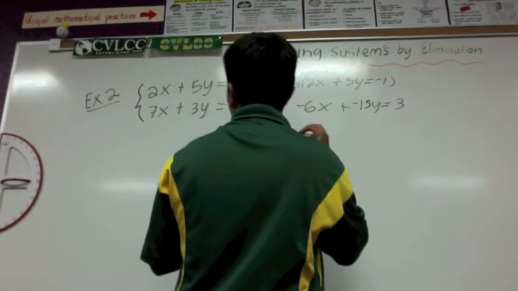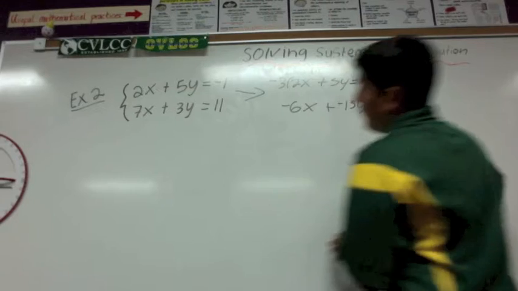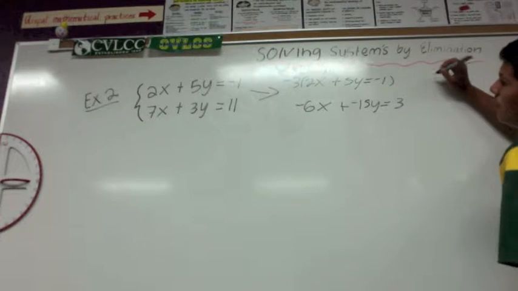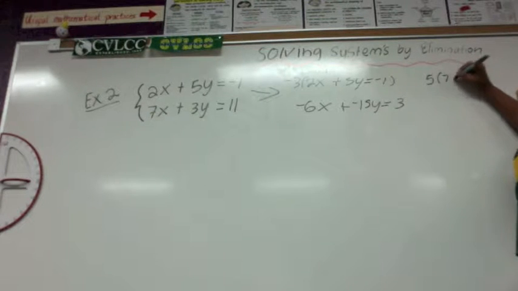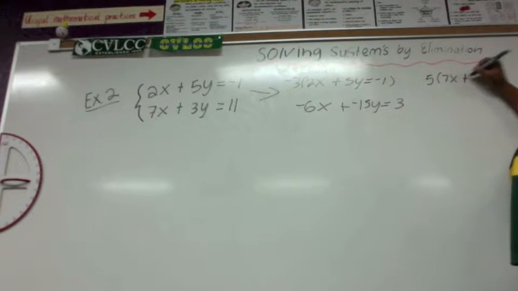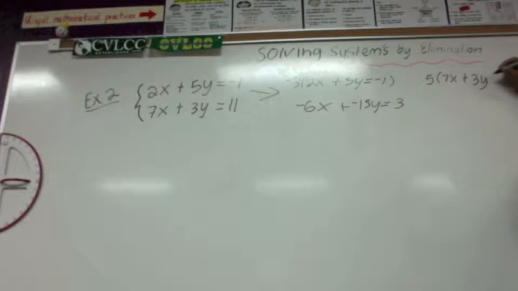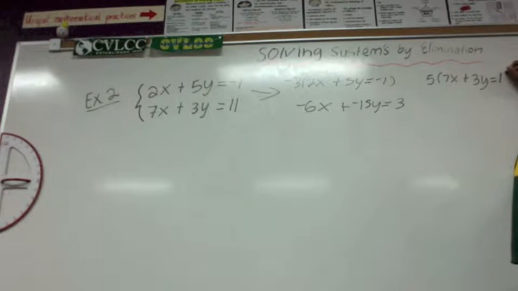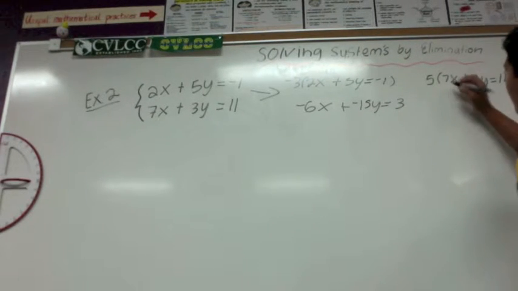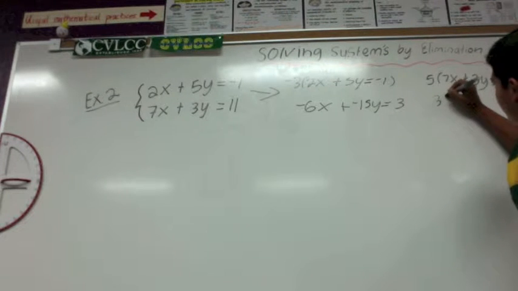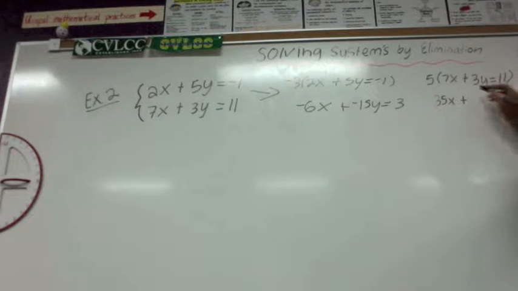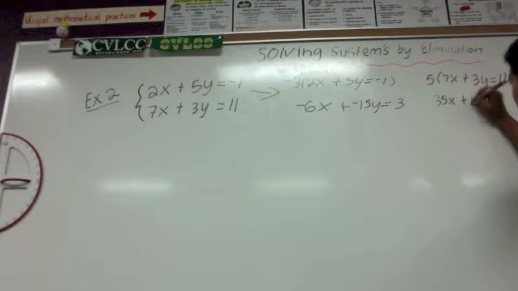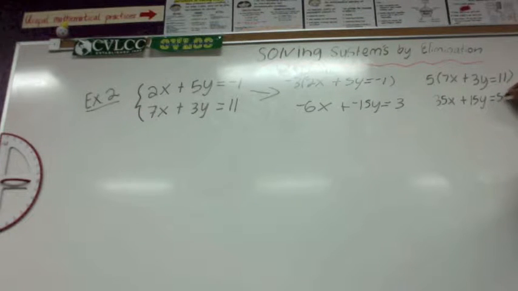So the second equation is going to be 5 times 7x plus 3y is equal to 11. So we're going to multiply 5 times 7, which is 35x, plus 3y times 5, so it's going to be 15y, and then is equal to 55.